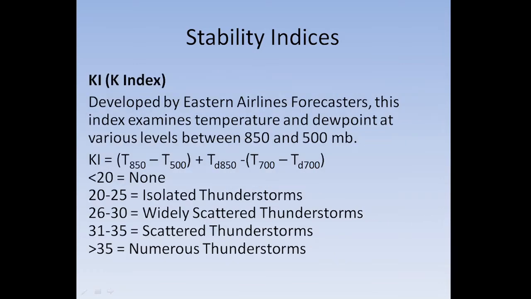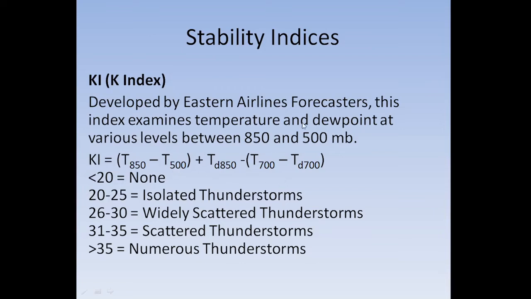The K index, if you take the upper layers, like the temperature at the 850 minus temperature at the 500, plus the dew point temperature at the 850, and minus the temperature at the 700, the dew point temperature of the 700, then you end up with this value that gives you what you're ending up with.